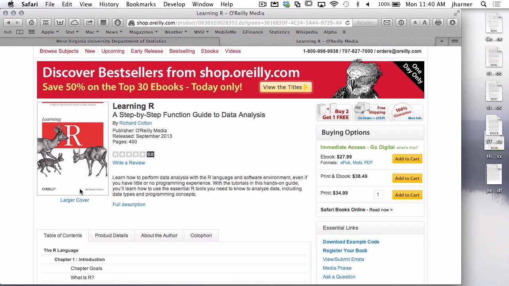If you get the print and the ebook, it's only a little bit more, and the print's almost as much as the print plus the ebook, so there would be little point in just getting the print. They essentially distribute these in almost all formats, in particular PDF and EPUB. So this is a good book to look at.